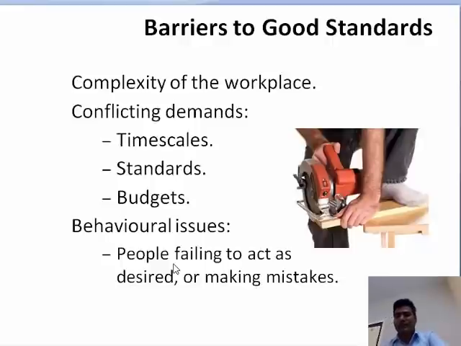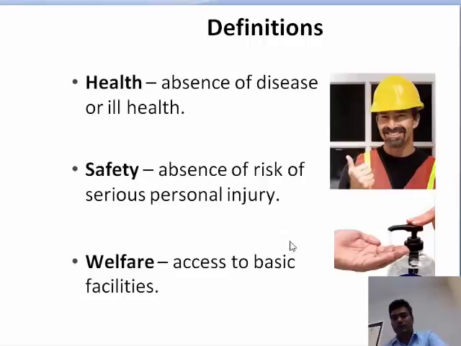So people do not react or act in a standard way at the workplace. They always bypass safety rules. So this is the behavioral issue, and that will become a barrier or conflict that stops health and safety at the workplace.